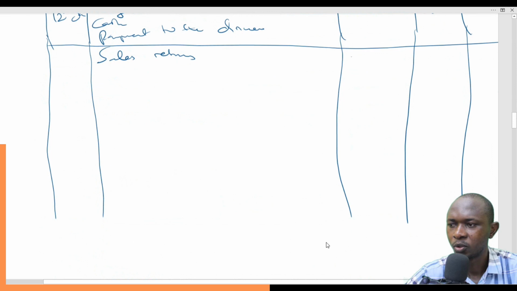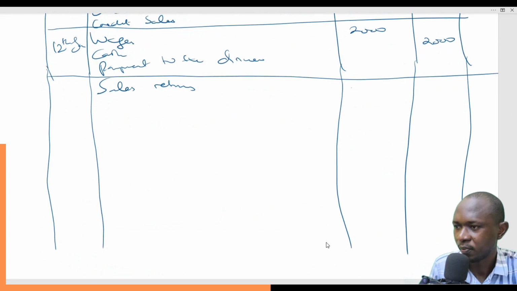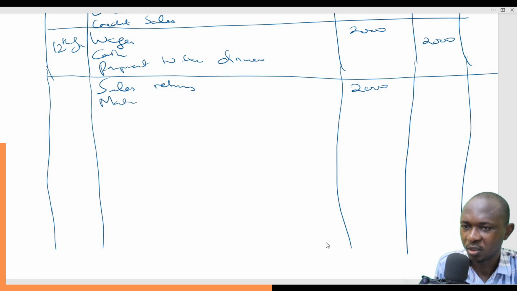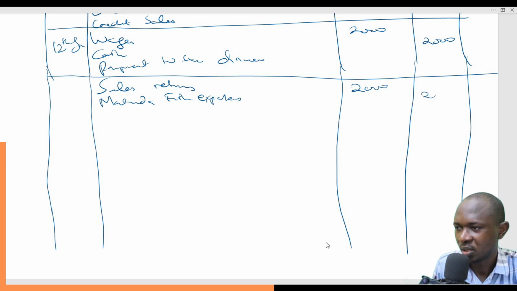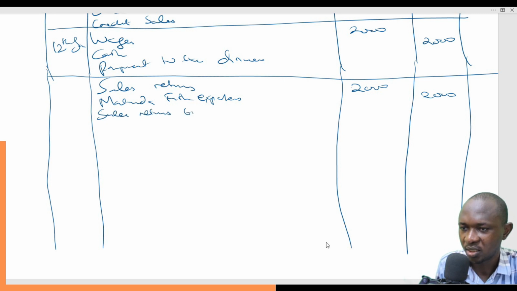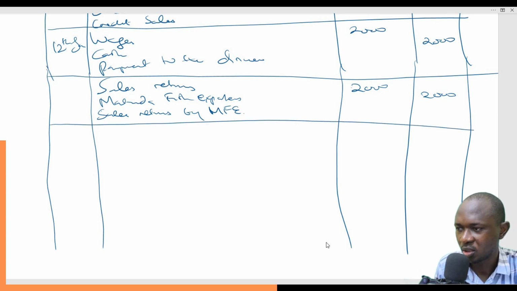And then Matunda Fish Exporters, they are debtors, so we have to show that they have reduced their debt by 2,000. The explanation is sales returns by Matunda Fish Exporters, and then you close it. And this possibly will be on 13th January. So that's how it goes.